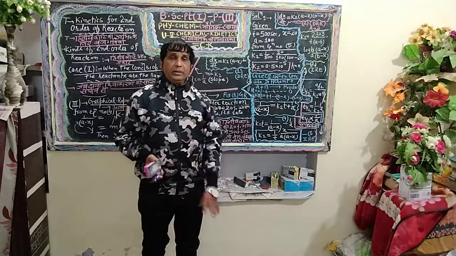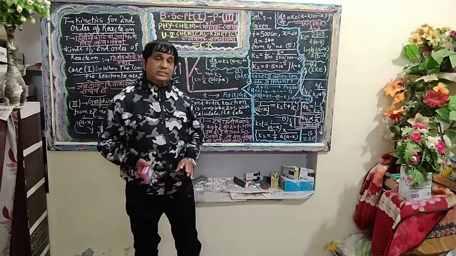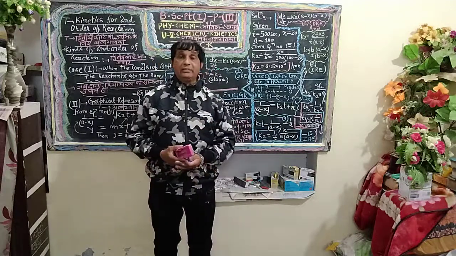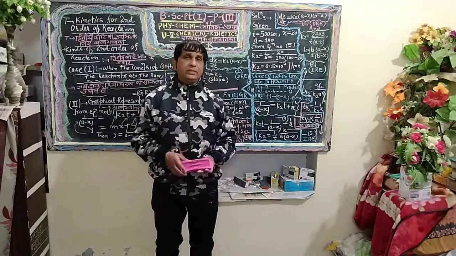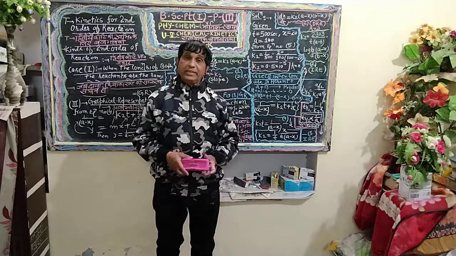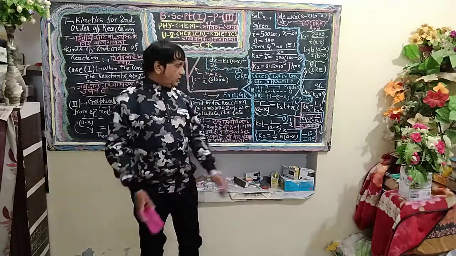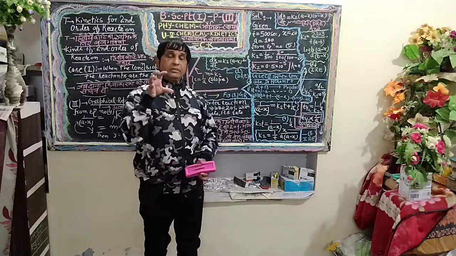Students of BSc Part 1, overall in BSc Part 1, as concerns the examination as well as various competitive examinations on general awareness, engineering and medical science, these competitive examinations set various numerical and theoretical problems based on equation number 5.